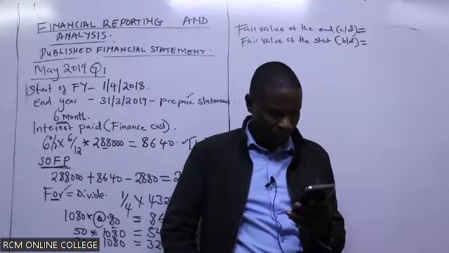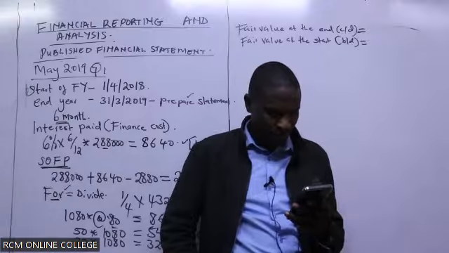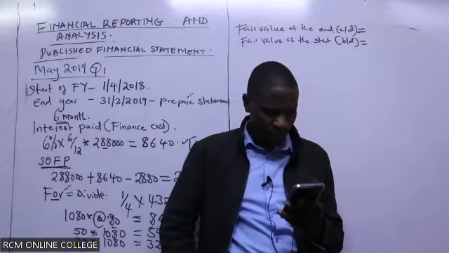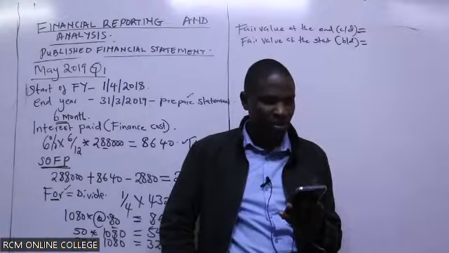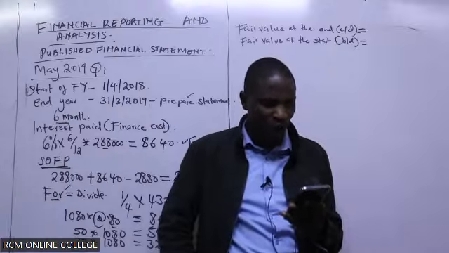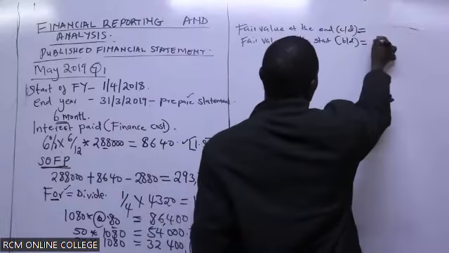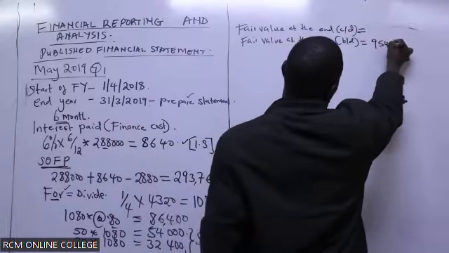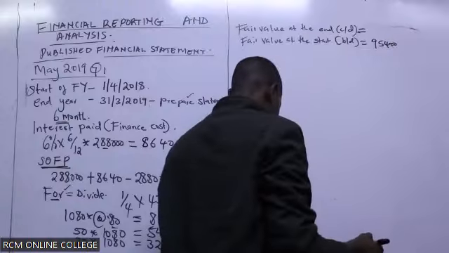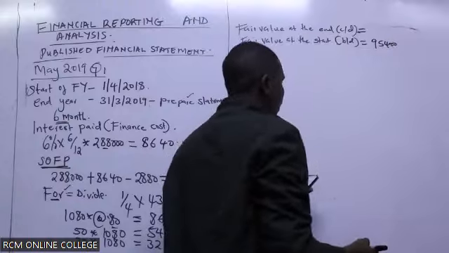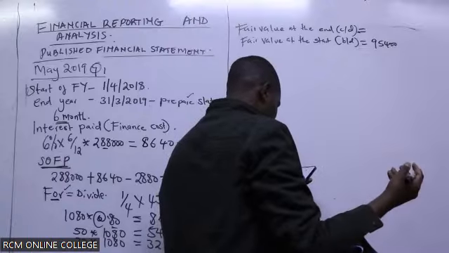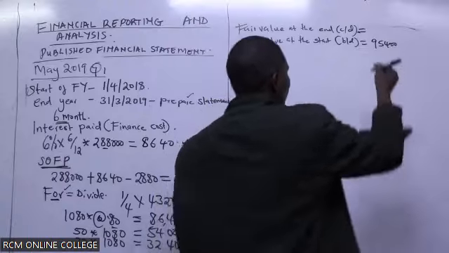Can you see available for sale investment? Its fair value was 95,400. That is brought down yake, 95,400. And then we are told that at the end it's changed to 97,560.